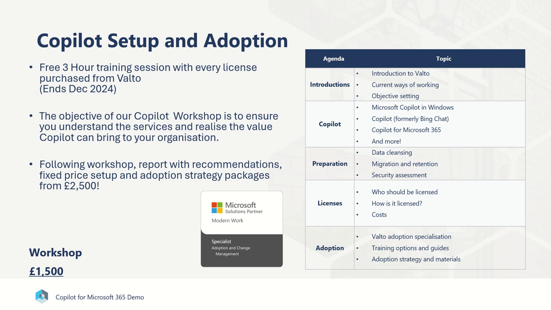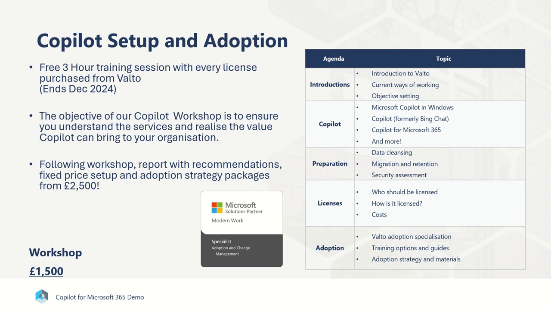The purpose of this is to give a bit of an introduction to Copilot. So far we've been talking about Copilot for Microsoft 365, but there's a whole host of other Copilot products, as we've previously been talking about, and we would make sure you're fully up to speed on what all those different Copilots are, what they do, and most importantly, how your organization can specifically use them, because every organization is actually different. There might be some trends between different industries, but everyone is using them slightly differently.